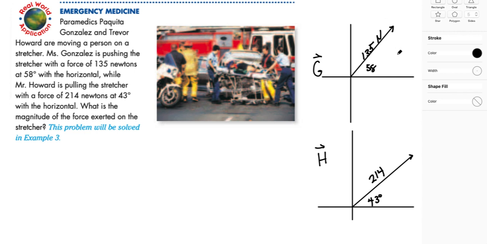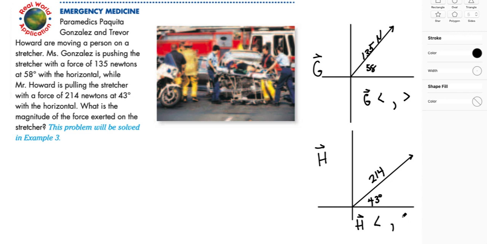And so what we're going to do here is, remember how we were taking the horizontal and vertical components to create the ordered pair that is equivalent to the vectors that we were dealing with. We're going to do the same thing here.